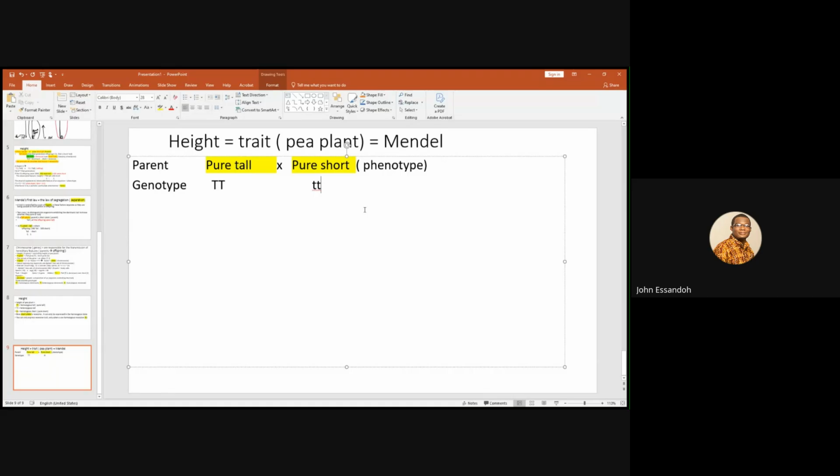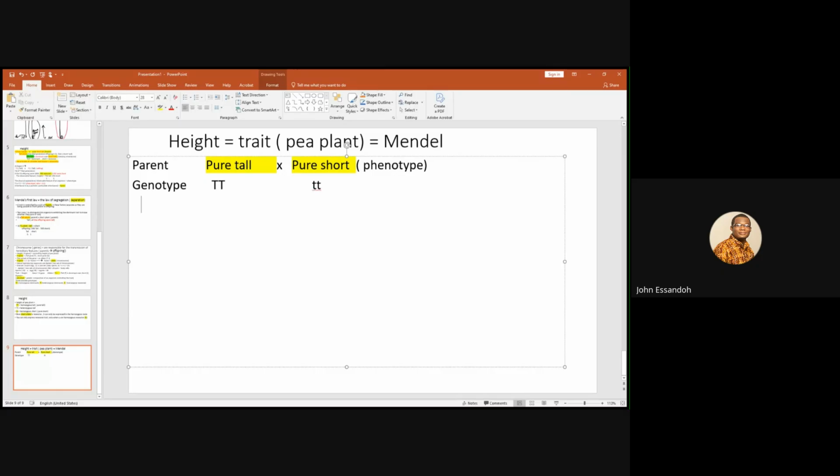So what did he do? He crossed them. According to Mendel, when the offspring are going to cross, they separate the two factors. These two factors are the alleles. So when the alleles are going to cross, what is going to happen? They will separate.